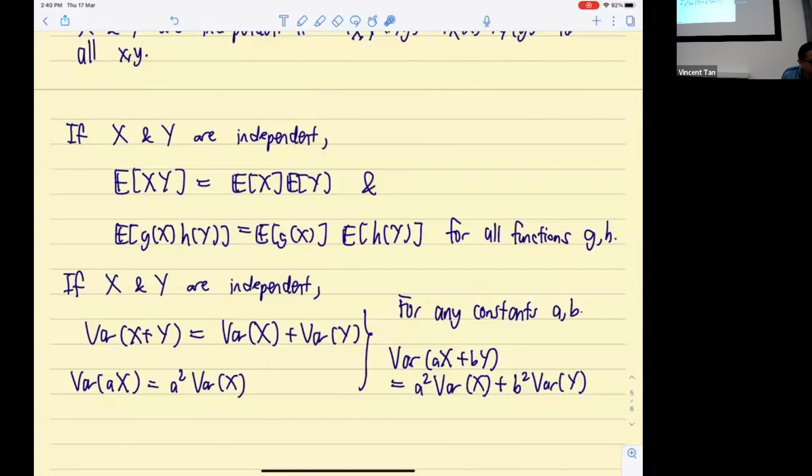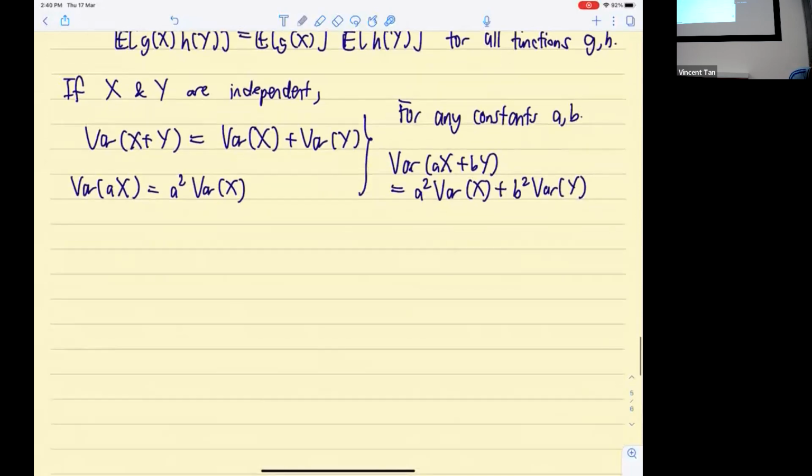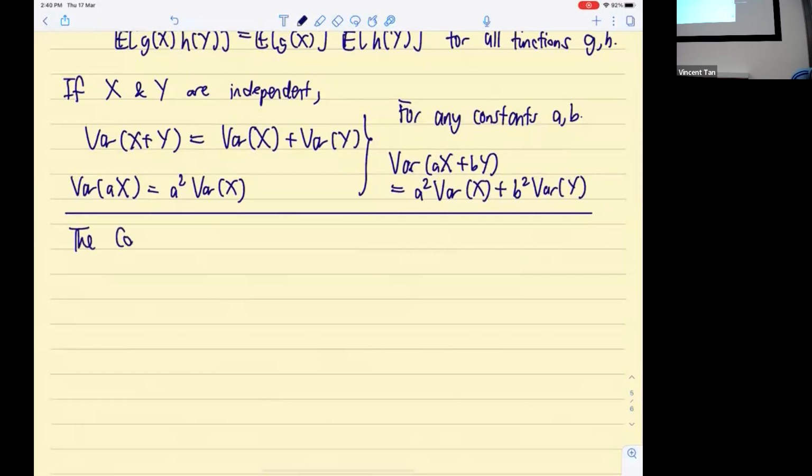Okay, now I want to talk about the continuous Bayes rule, and let's do an example. This is section 3.6, the last section. But there's really nothing significant here about the notion of continuity.